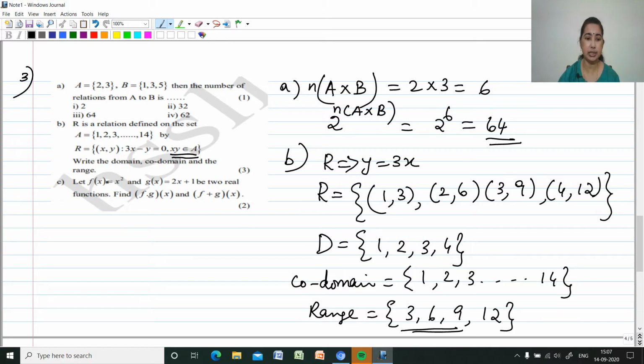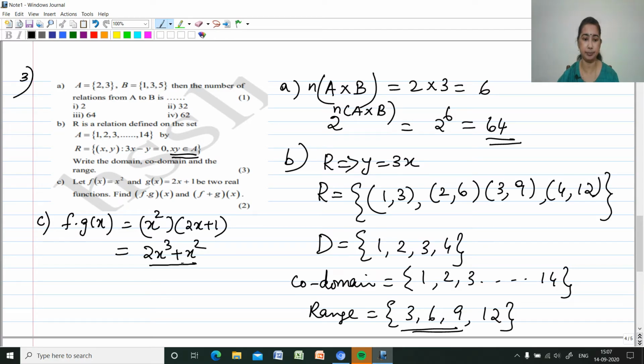Then the third sub question. C question is f of x and g of x are given, f into g of x. F is x square and g of x is 2x plus 1. So f into g of x can be written as 2x cube plus x square.